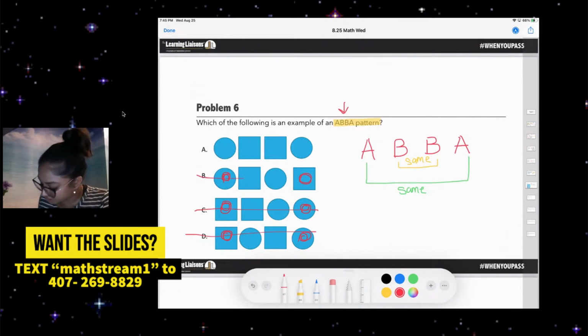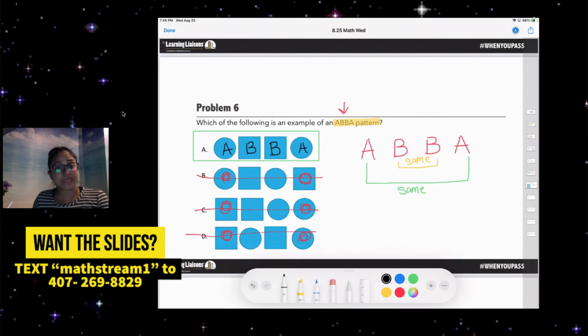Wrong answer. So I'm only left with the answer that makes sense. If I named the circle A and I named the squares B, I have A, B, B, A.